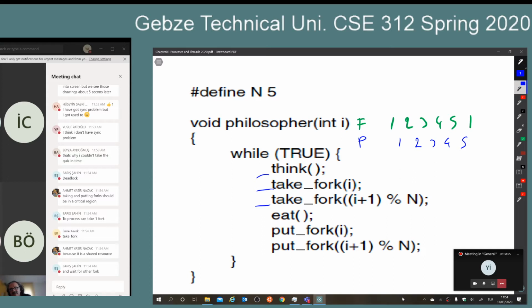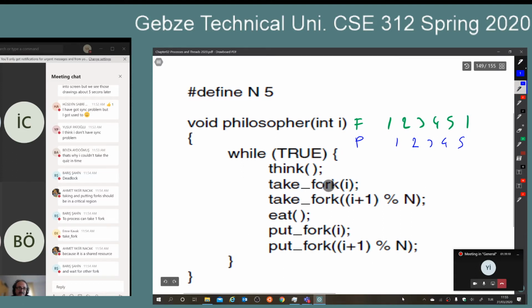The problem here is this. If, let's say, 5 processes are running at the same time, process 1 started thinking and it decided that it will take fork number 1.